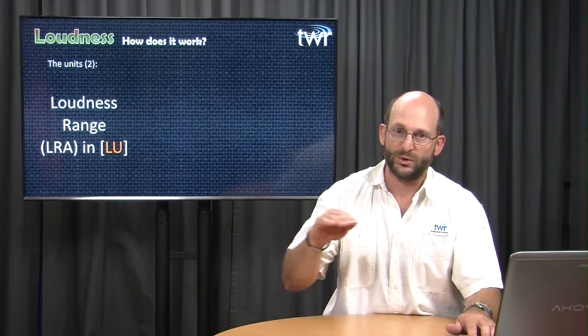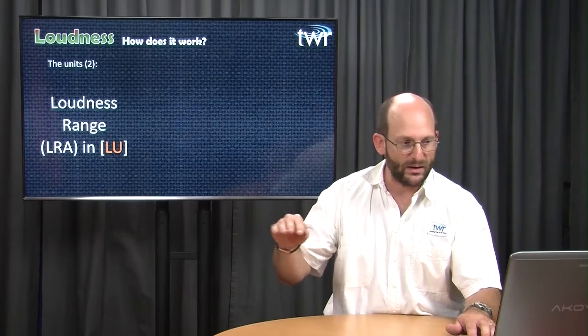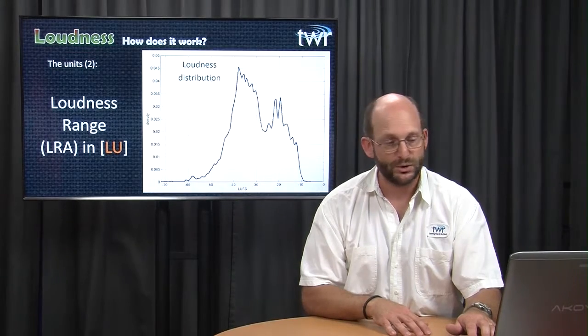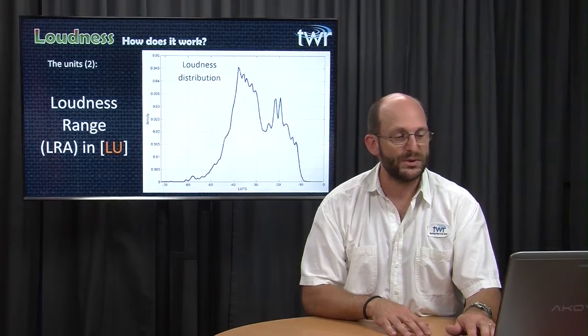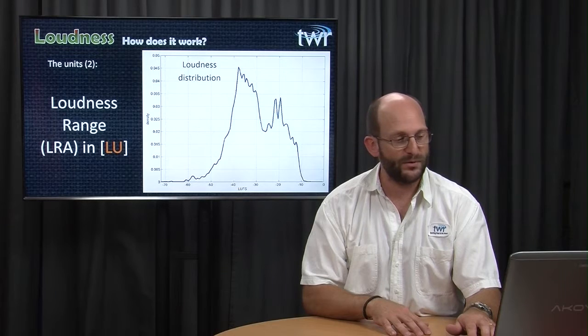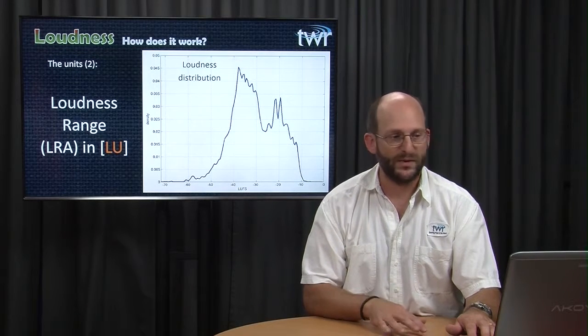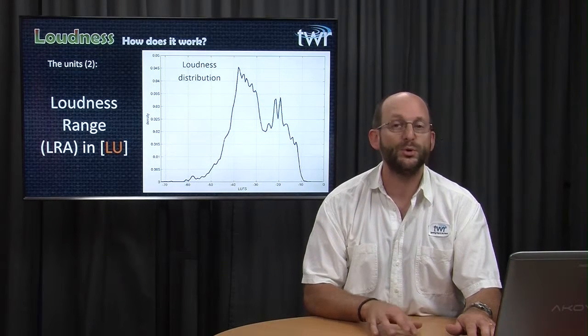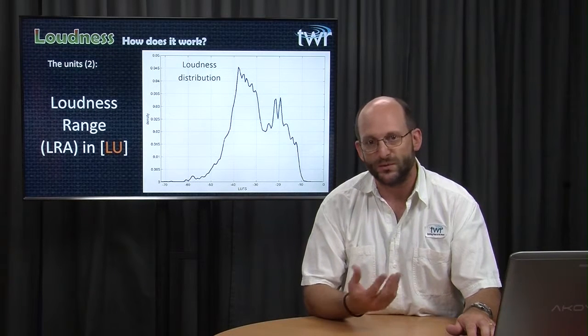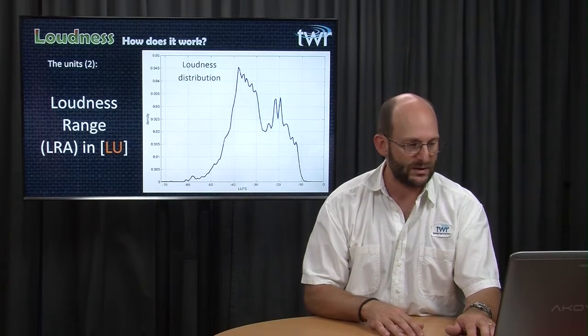There's one more unit, and it has to do with how the loudness changes with time. Loudness is never the same across the whole file. It goes up and down, and this is what we call the loudness range. This graph represents the evolution of the loudness across the whole file, or it's the distribution of loudness, or the frequency of occurrence of loudness.